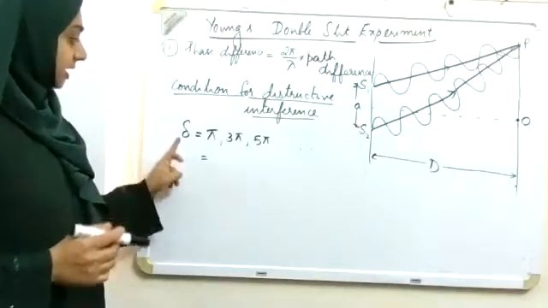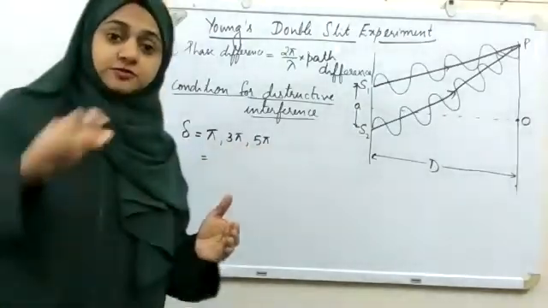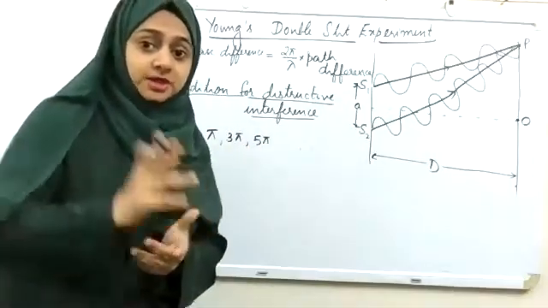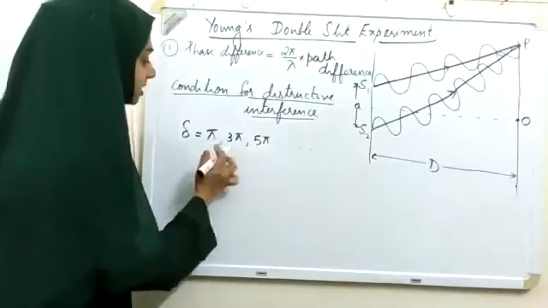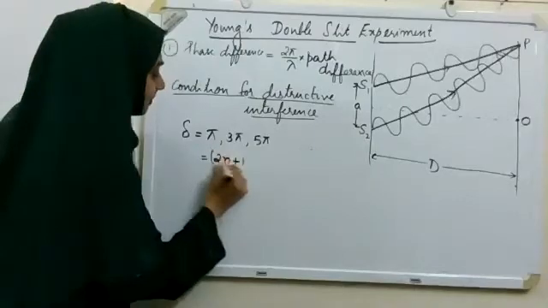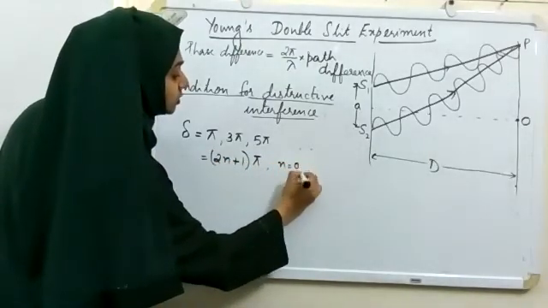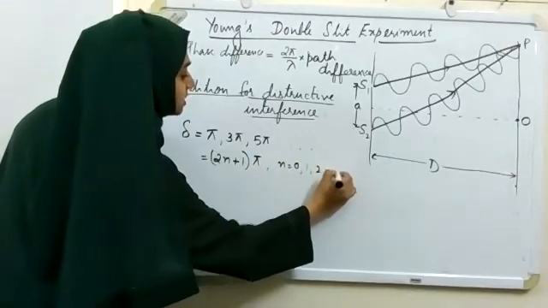So delta is equal to pi, 3 pi, 5 pi, because every odd multiple repeats. As Zaman said, we can express an odd number as 2n plus 1 times pi, where n is equal to 0, 1, 2, etc.